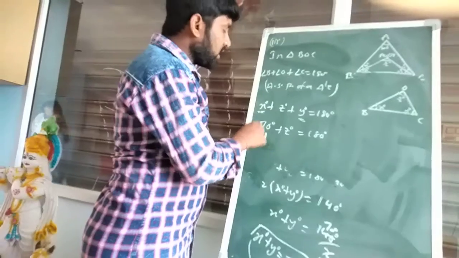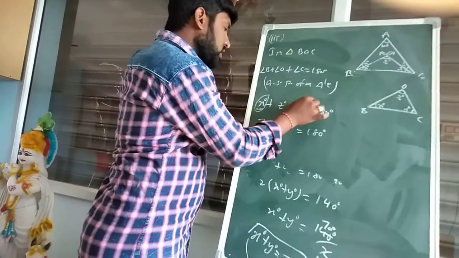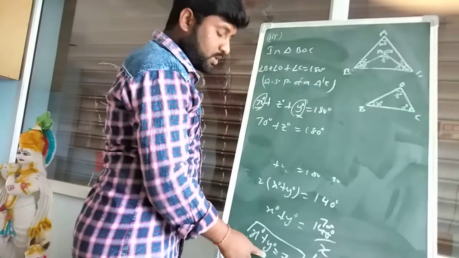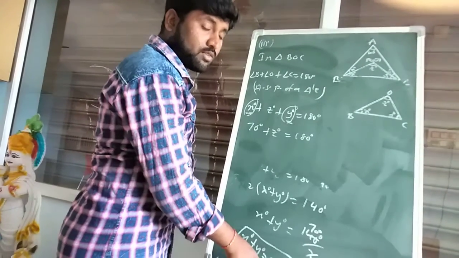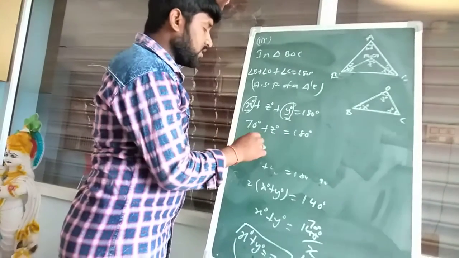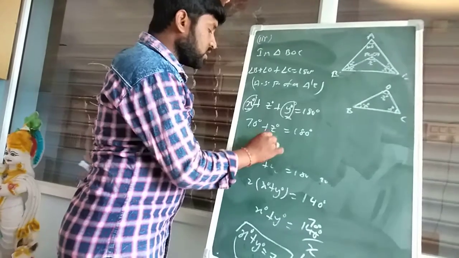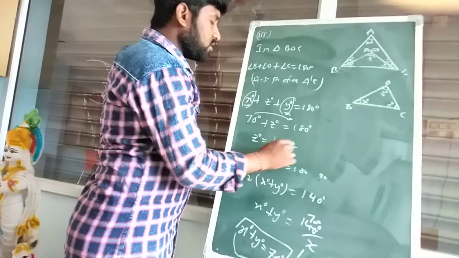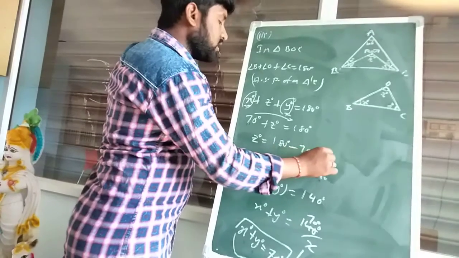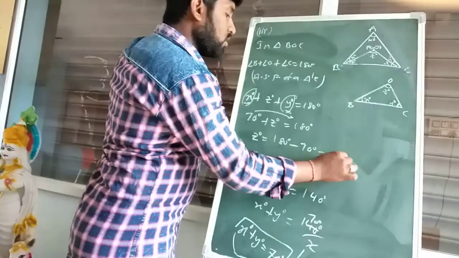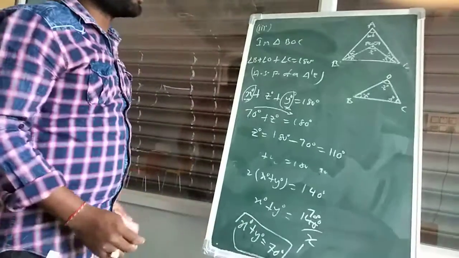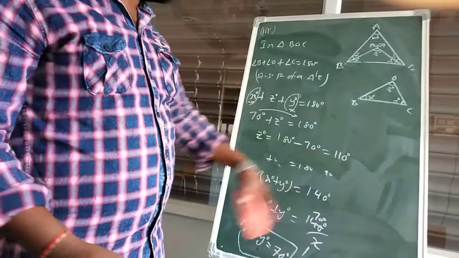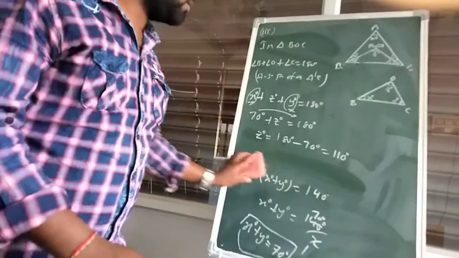Why did I write 70? Because adding x degrees and y degrees, we get 70. So that's why I wrote 70. So z degrees is equal to, transferring 70, 180 minus 70 degrees, that is 110 degrees. Okay students, what we are getting here: z is equal to 110 degrees.